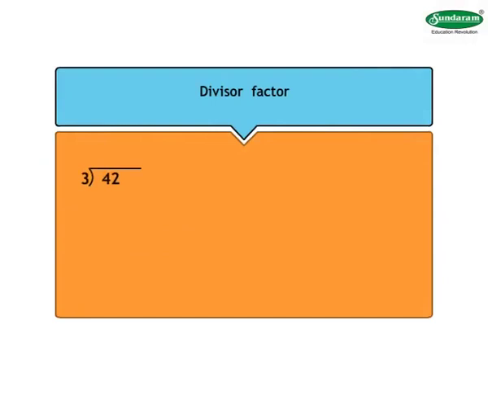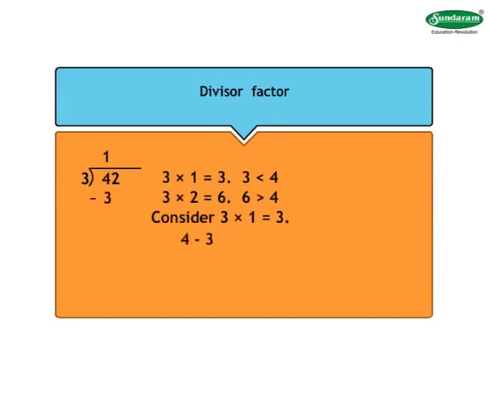Consider the digit 4 to left of dividend 42. Now, 3 into 1 is equal to 3, which is less than 4. 3 into 2 is equal to 6, which is greater than 4. So consider 3 into 1 is equal to 3. Write 1 in quotient above the line.